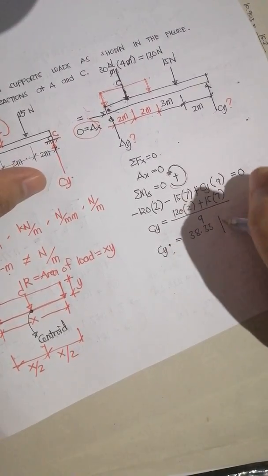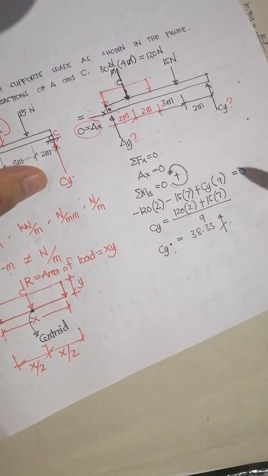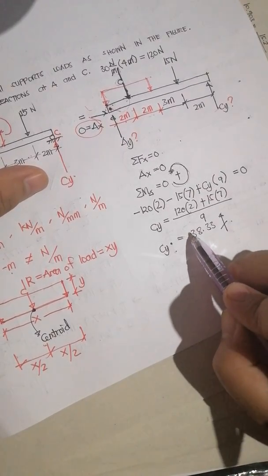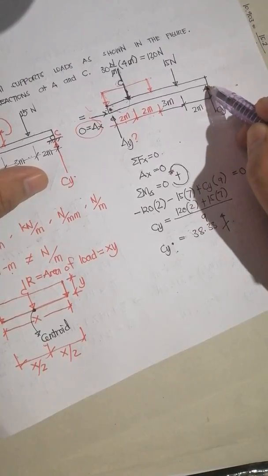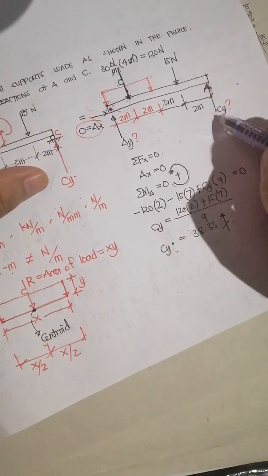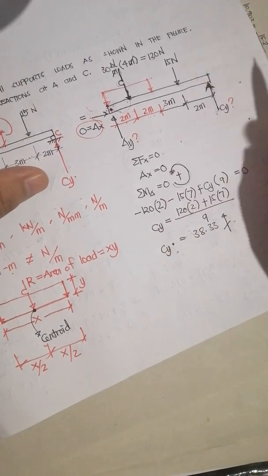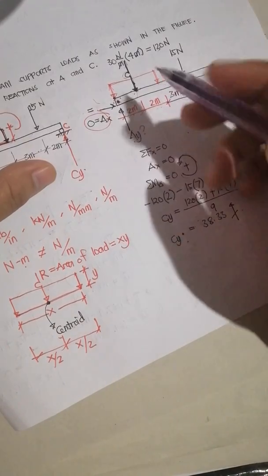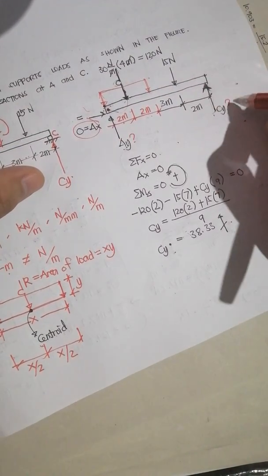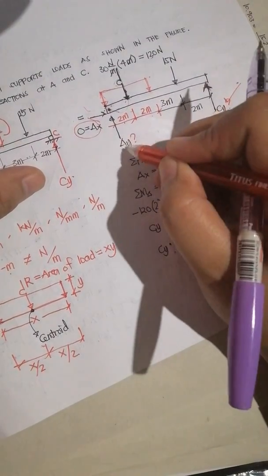Upward reaction. Since the result is positive, our initial assumption of the direction of Cy is correct, it is indeed upward. For summation of force Ay, we already got this, so we only have Ay left.